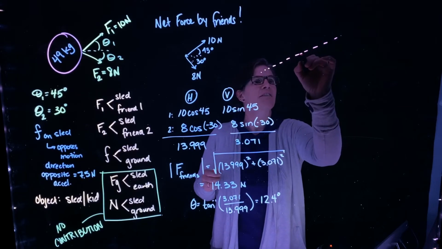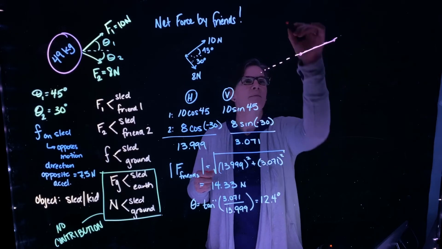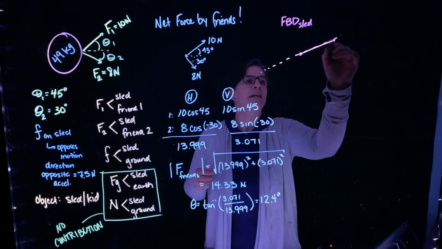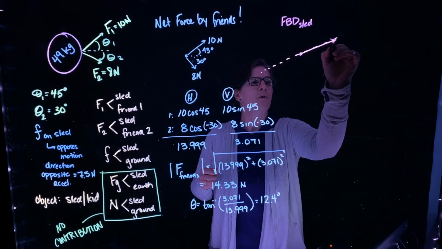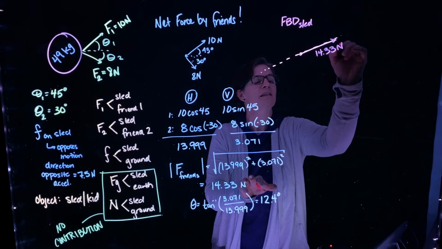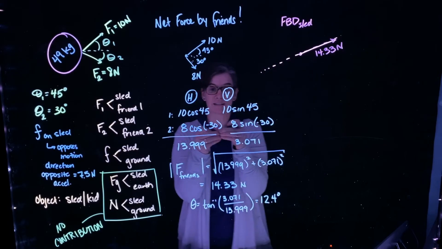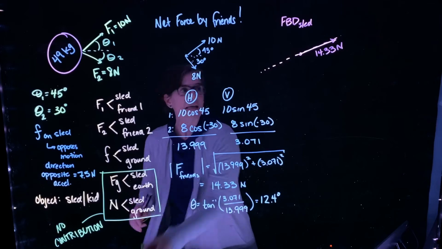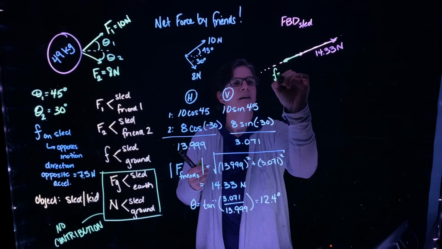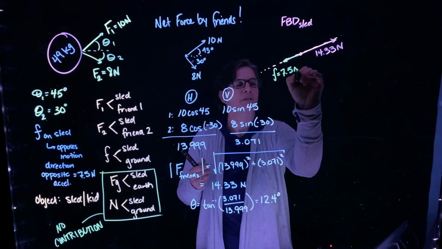Then I have a net force on the sled. So this is going to be our free body diagram of the sled. I have the net force of 14.33 newtons by the friends collectively. And I have a frictional force in the opposite direction of 7.5 newtons.